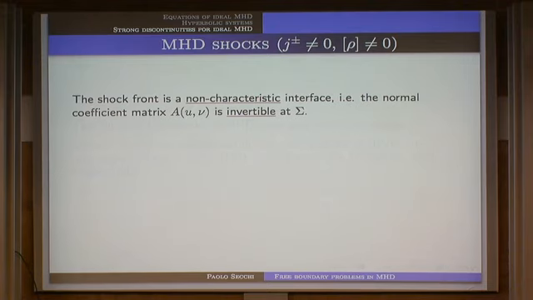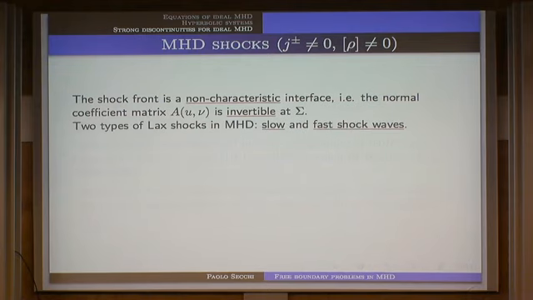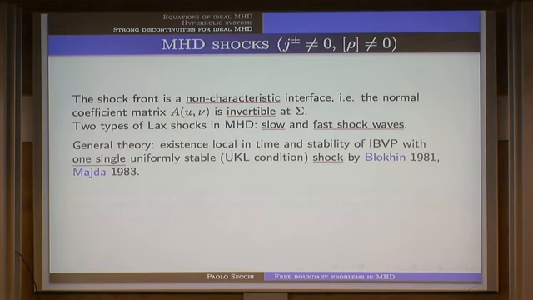For shocks, as I said before, the shock front is a non-characteristic interface, so we expect that there will be no loss of derivatives of regularity in the normal direction, which means that we can use the standard Sobolev spaces, because we expect to have a full regularity of the solution due to this fact. There is another distinction between the kinds of shocks, but I don't go into details: slow and fast shock waves.